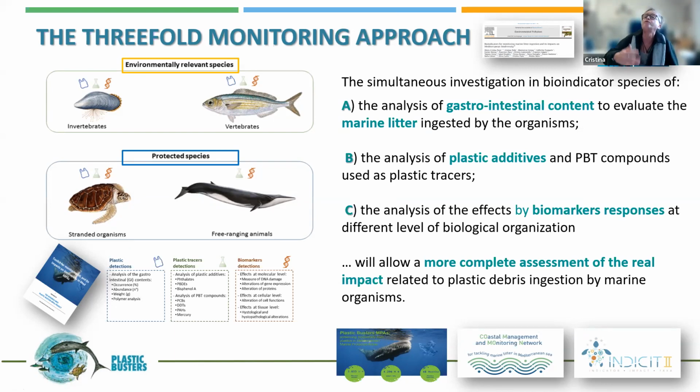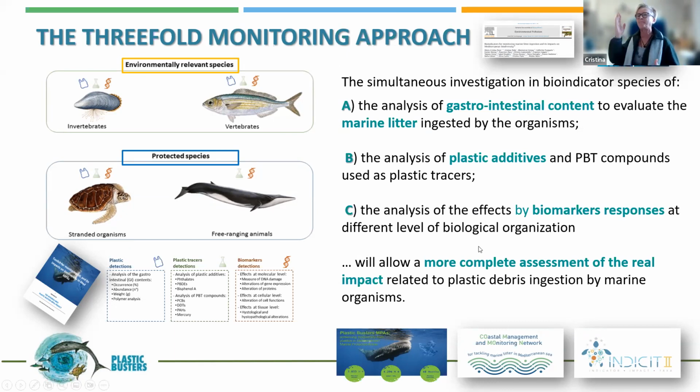But you can even move in a more specialistic way to understand if this class of chemicals and even the physical effect can produce some consequence in the marine organism. This is why you have to analyze the biomarker responses at different levels of biological organization.